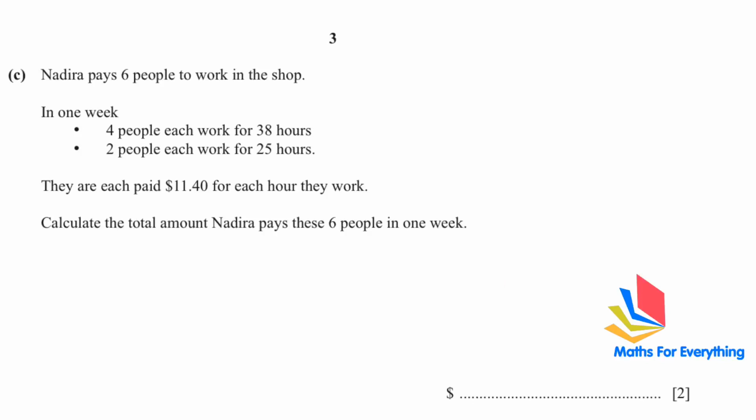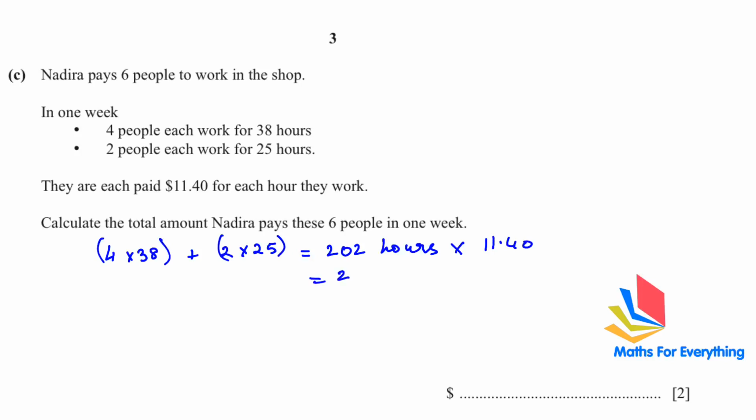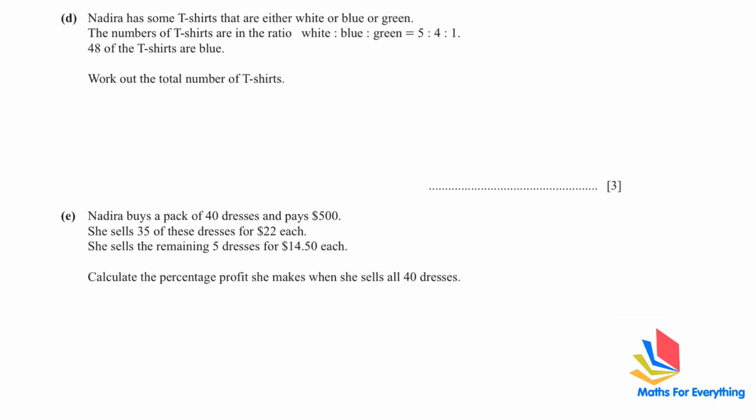So let's first find the total number of hours. That is 202 hours, and then each hour $11.40. And the answer is $2302.80. She pays 6 people in 1 week.